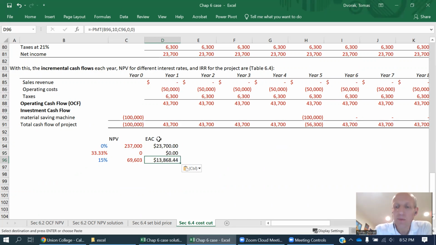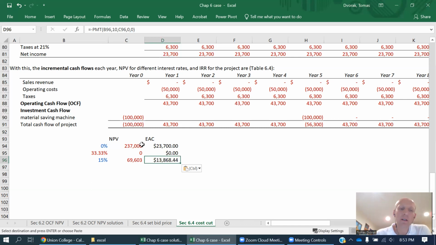So if we have projects that have unequal lives, one is a 5-year project, the other one is a 10-year project, a good metric to compare the benefits of those projects is to look at the equivalent annual cost.